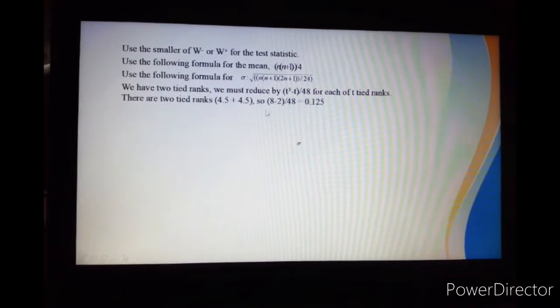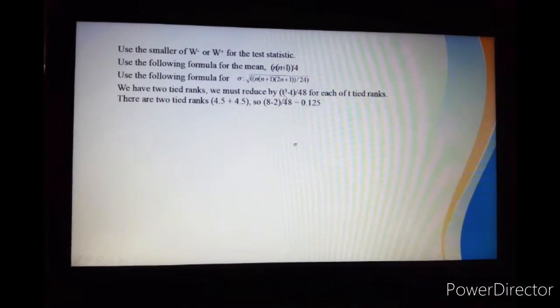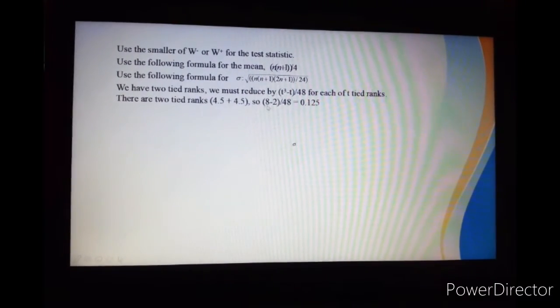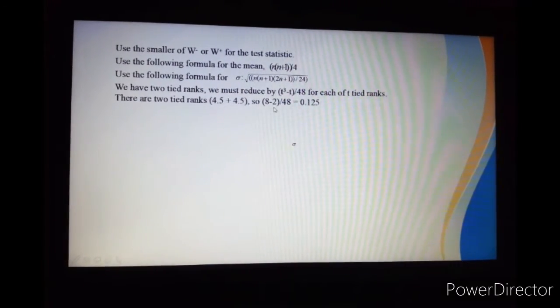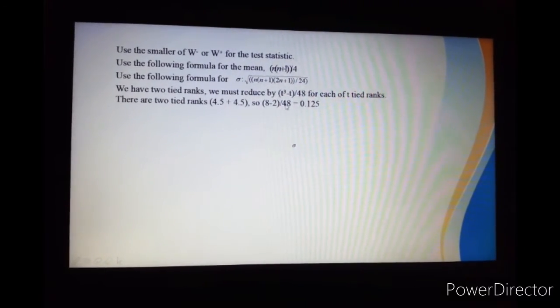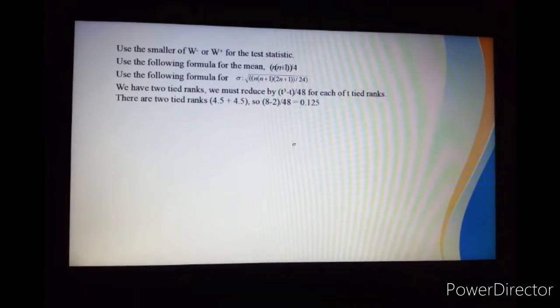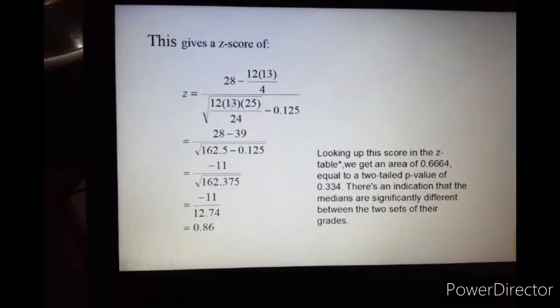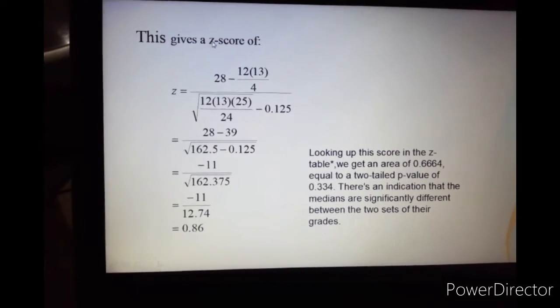Why does it become 8? Because we have two tied ranks, so we substitute the value of t, 2. So 2 cubed is equal to 8, minus 2, divided by 48, which is equal to 0.125.